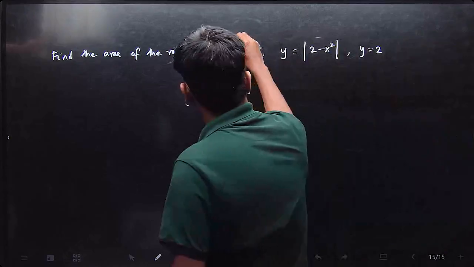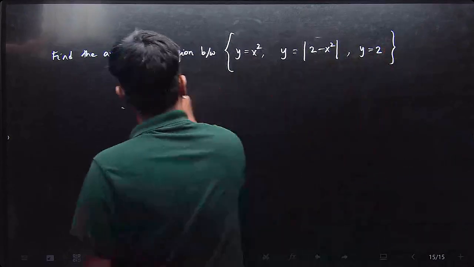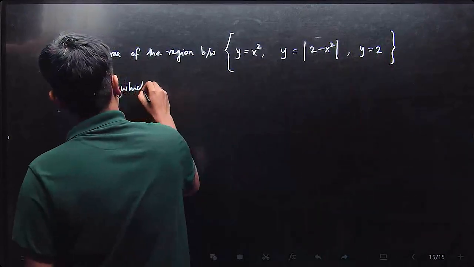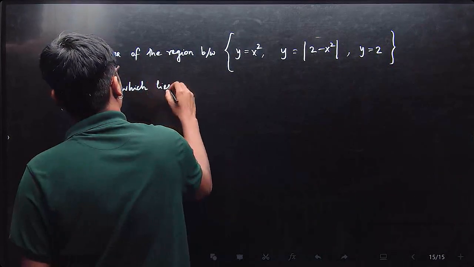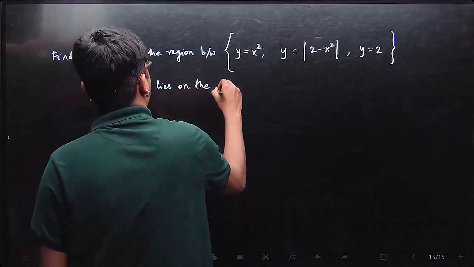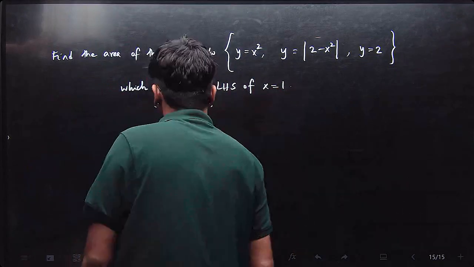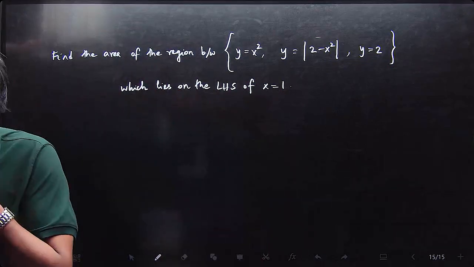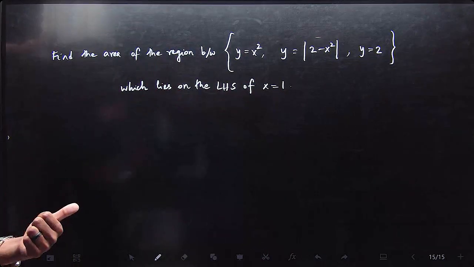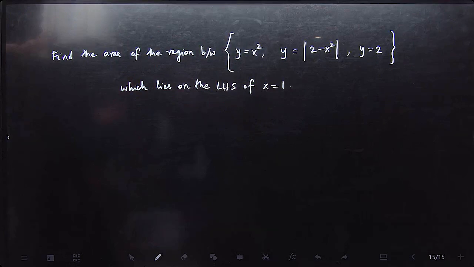Find the area of the region between these three, which lies on the right hand side of x equal to 1. There's this region which lies on the right hand side of x equal to 1. That is what you need to find.